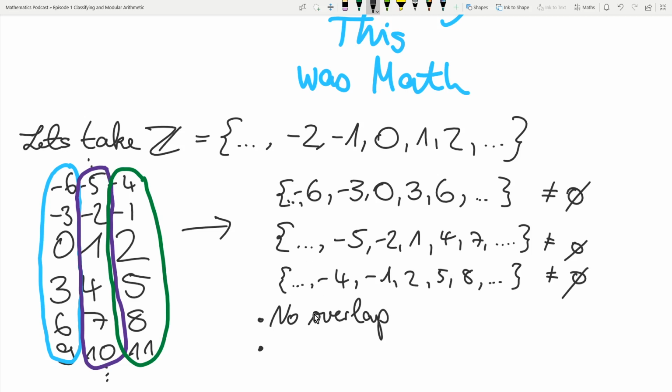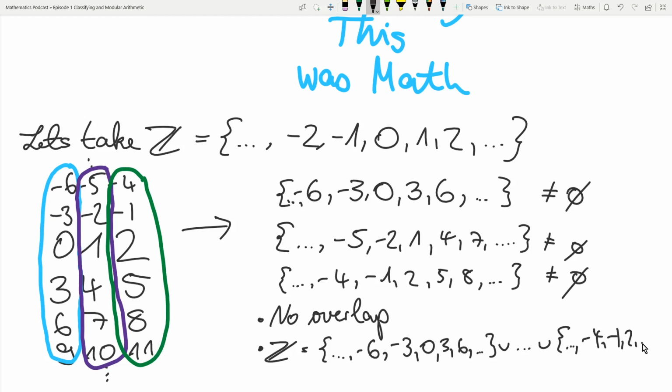So yes, this is indeed accounted for, which means the set of all numbers can be obtained by the union of -6, -3, 0, 3, 6, and so on, with the union of the others, -4, -1, 2, and so on and so forth. Everyone is accounted for, there's no overlap, and we don't have any empty buckets.